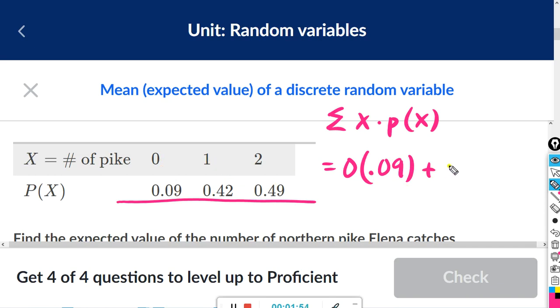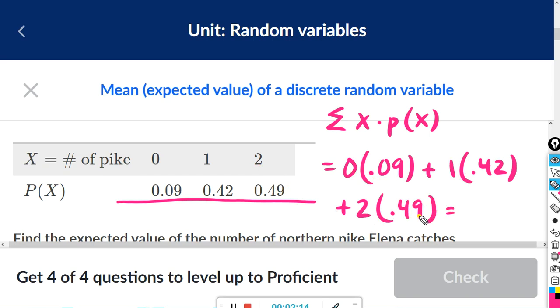And then we have 1 fish, and the probability of catching only 1 fish is 0.42. And then 2 fish, and the probability of catching only 2 fish is 0.49.